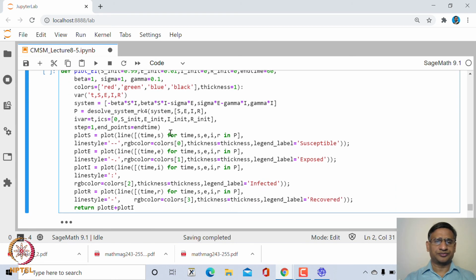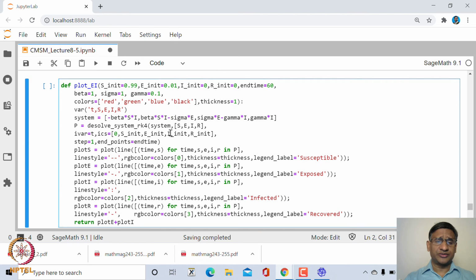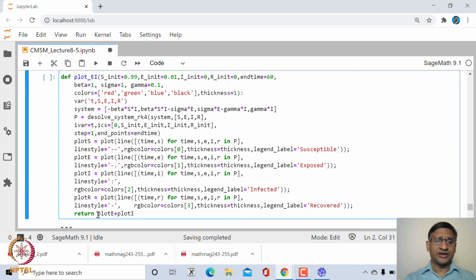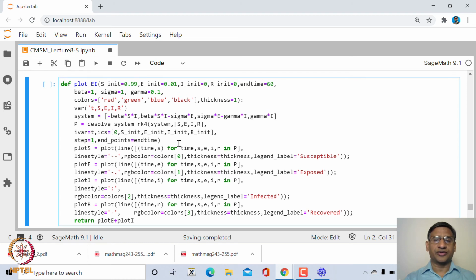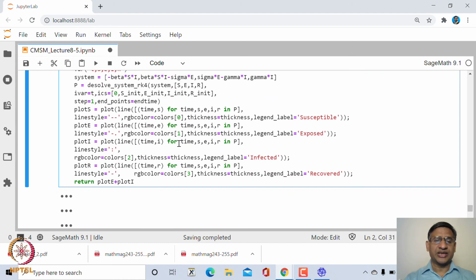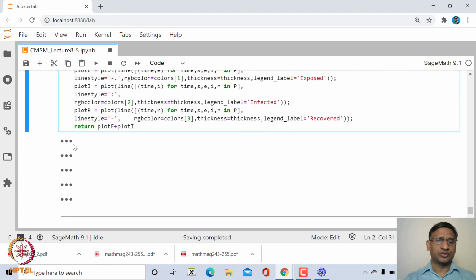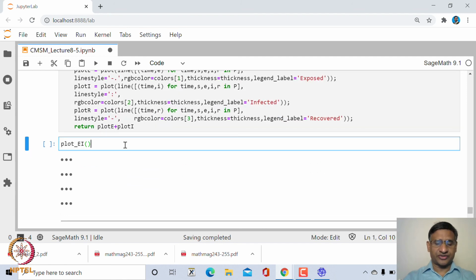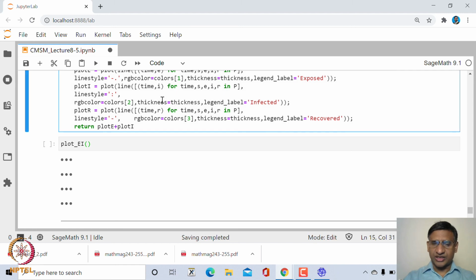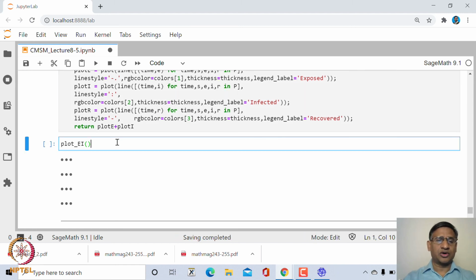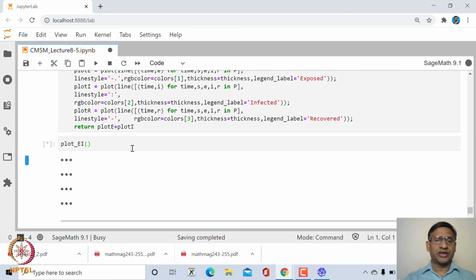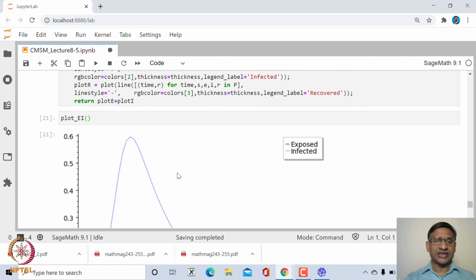What we can possibly do is take 4 outputs, plot of E, plot of I, plot of R and plot of S separately, and then combine them together. That can also be done. But in any case, first let me run this, and after that let me call this with the default initial guess and parameters.